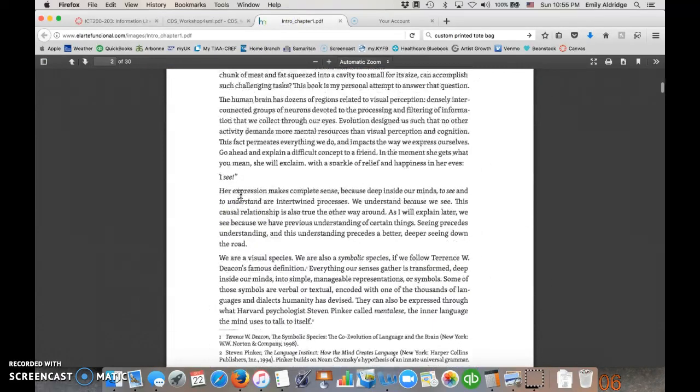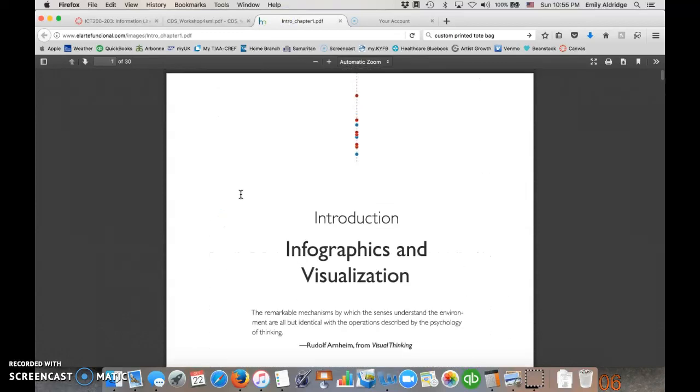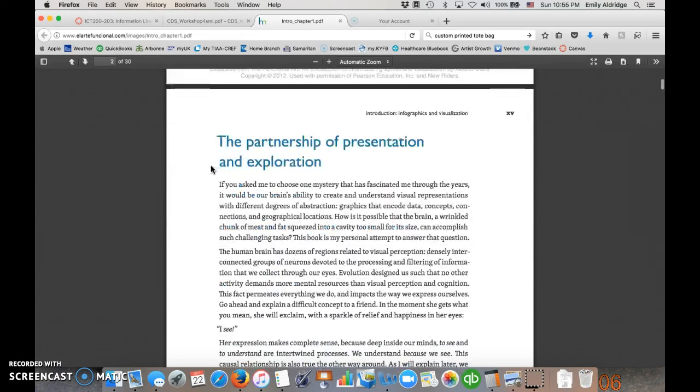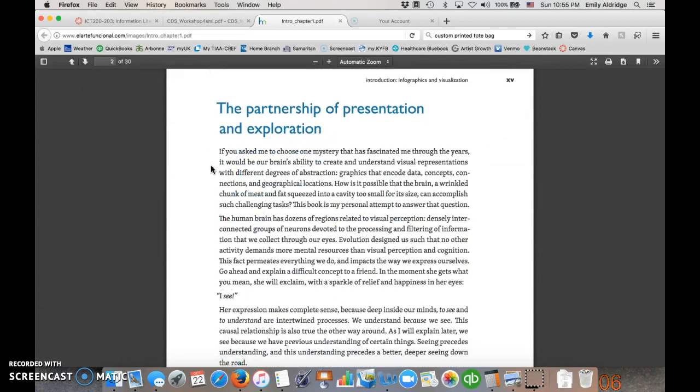We also have a chapter, and I just want to show you that a couple of these, except for the Canva piece, are a little bit lengthy. I don't expect you to read them with a fine-tooth comb. I hope that you will browse through them. I hope that you will find them interesting and maybe even pertain to your particular field, or maybe a final project or some sort of visual component that you might have in another class.